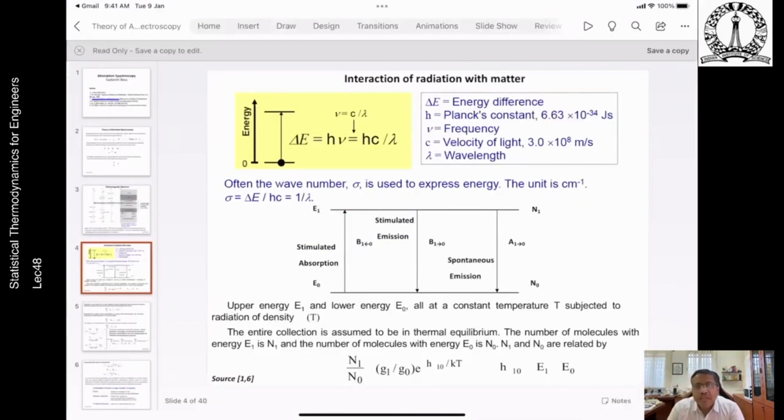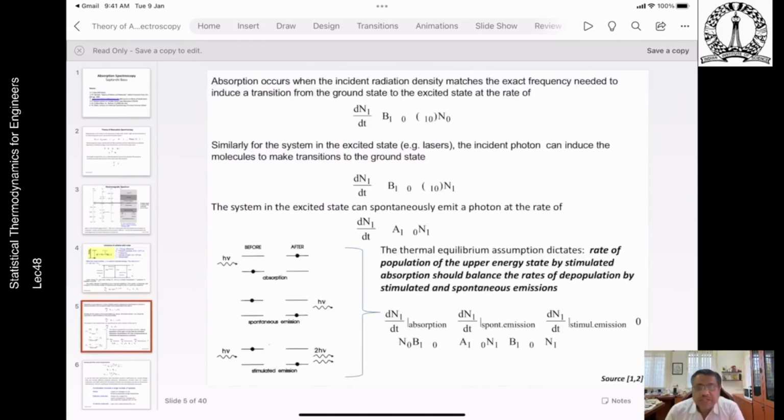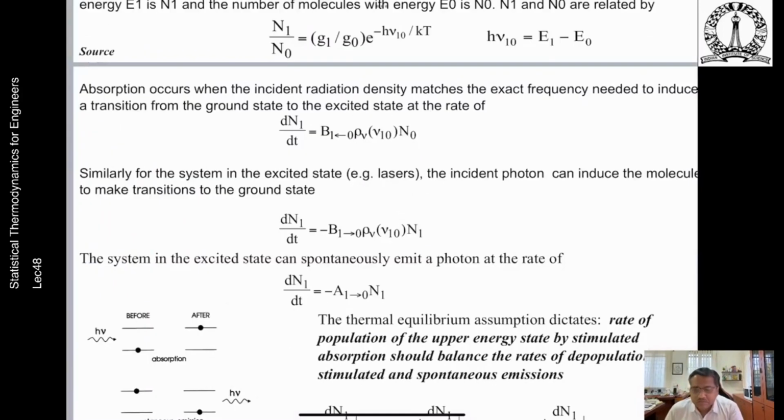We have already done how the interaction of radiation happens with matter, using the two-level diagram that you see over here, E1 and E0. So these parts are quite clear. And then we also did that when absorption of radiation occurs, the incident radiation density matches the exact frequency, and then we calculated the different rate constants based on that.